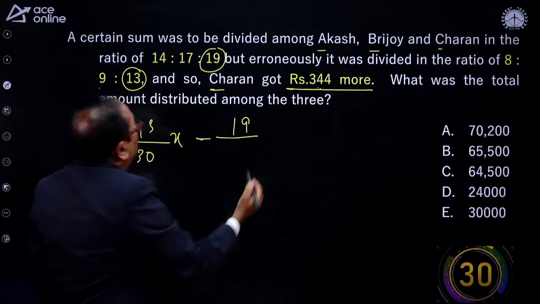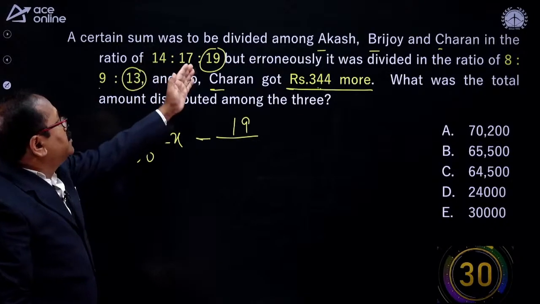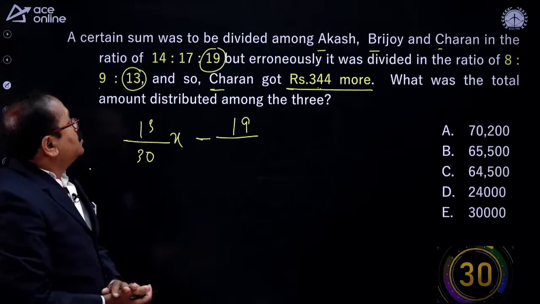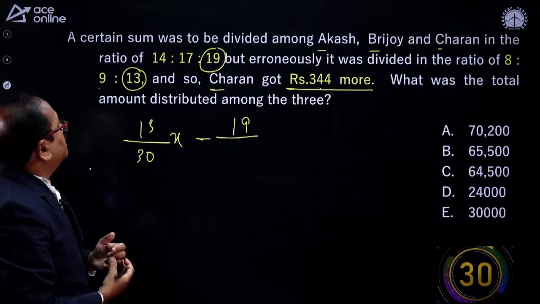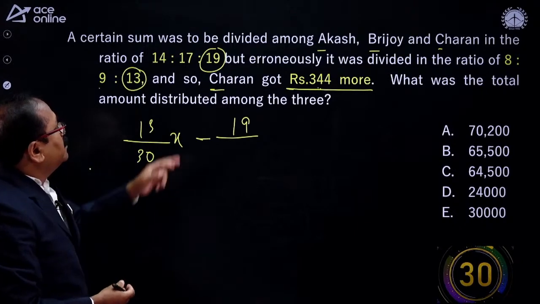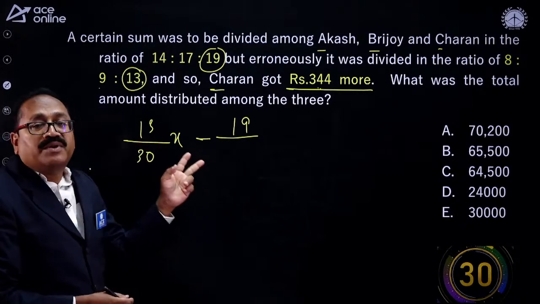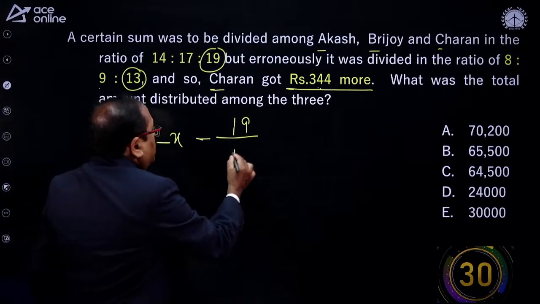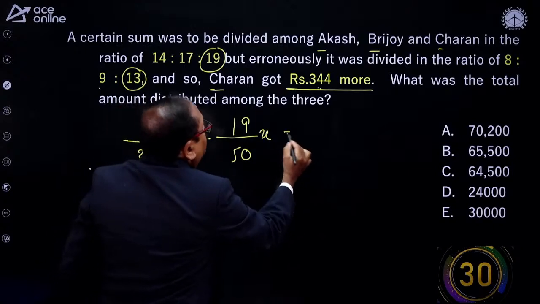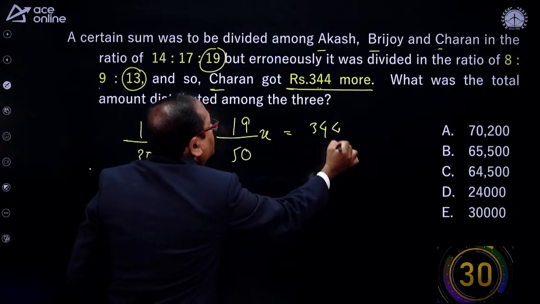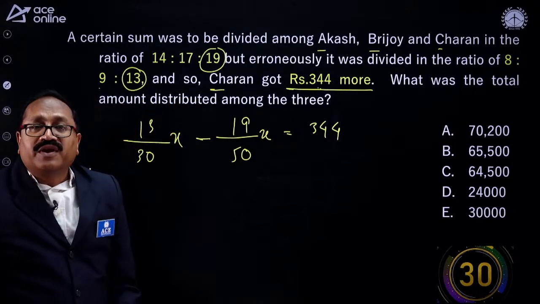So 19 over how much? That is 19 plus 17 plus 14. So 14 plus 17 comes 31, and 19 comes 50. Am I right? 31 plus 19, 50. That's right. So of X, which is equal to 344. Now you will be able to find out the X value.